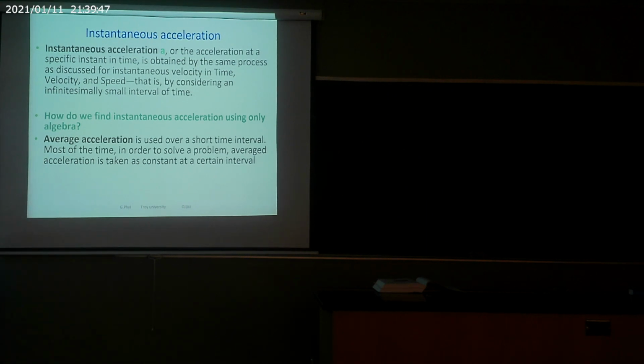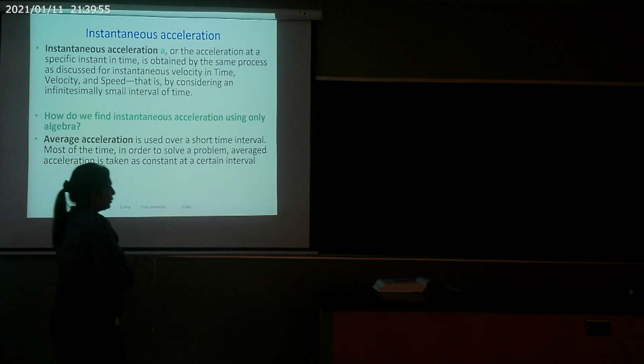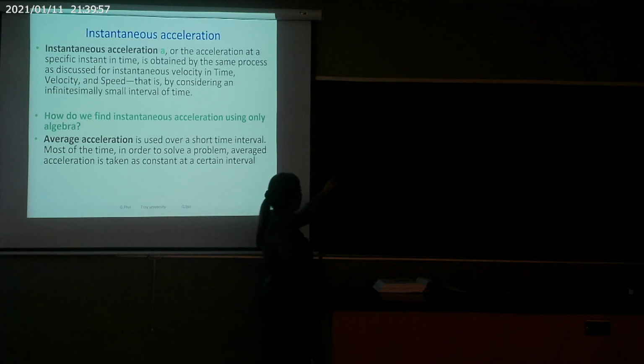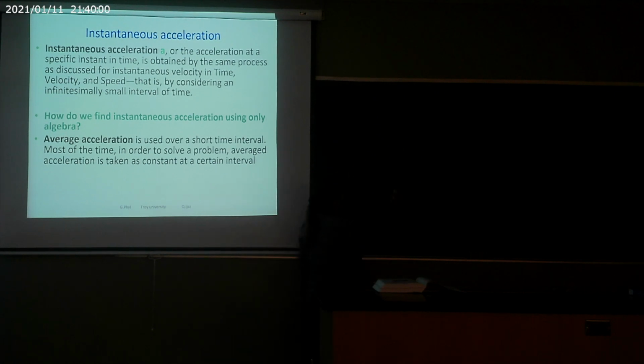Now the same way we did the instantaneous velocity, we also define the instantaneous acceleration. If we want to know acceleration at a certain instant, at a certain time value, delta t goes to a very small value, the limit as delta t approaches 0, and this becomes a instantaneous.